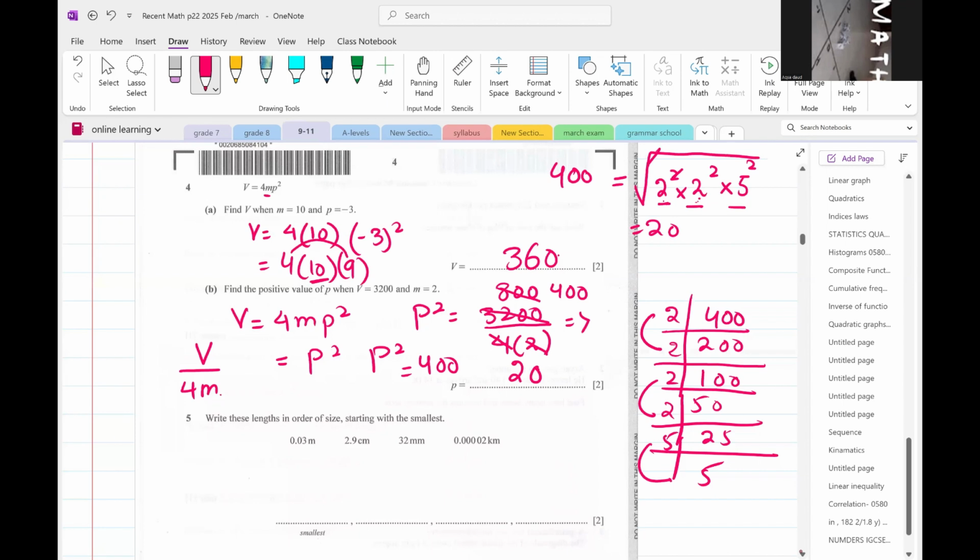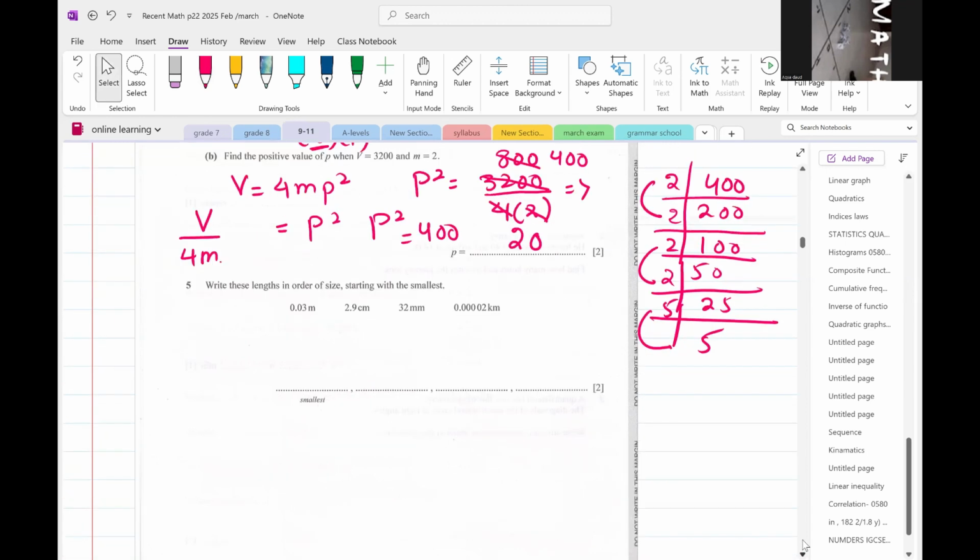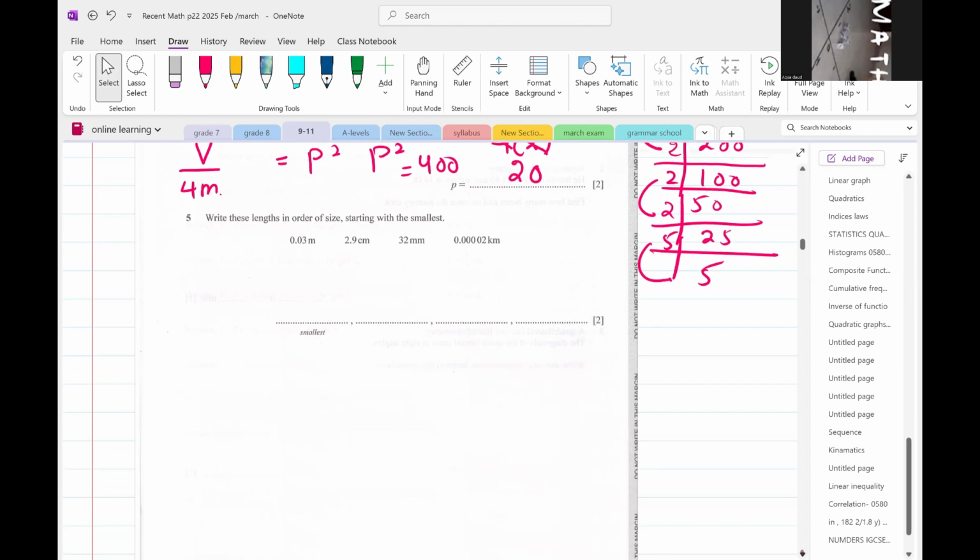Now move forward. Write these lengths in order of size, starting with the smallest. What I'll do, I'll convert everything into centimeters. This one is in kilometers. When you convert it into centimeters, you have to multiply it with 5 zeros. So what do we get?